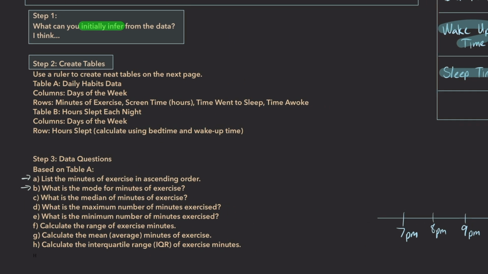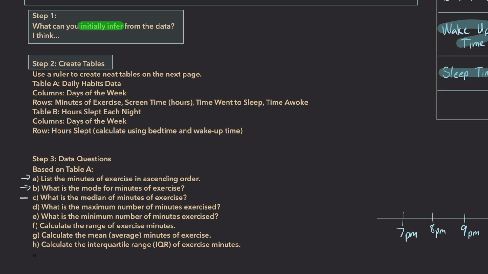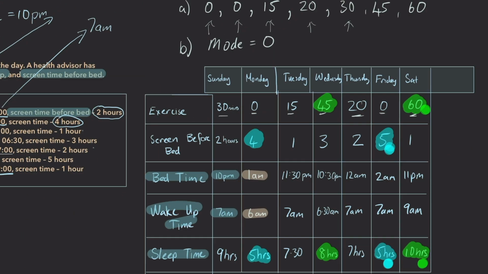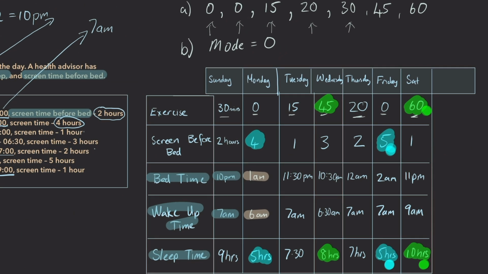What else do we have to look at? The median. Median means the number that's in the middle when we arrange them from lowest to highest. Okay, so let's try and work that out.